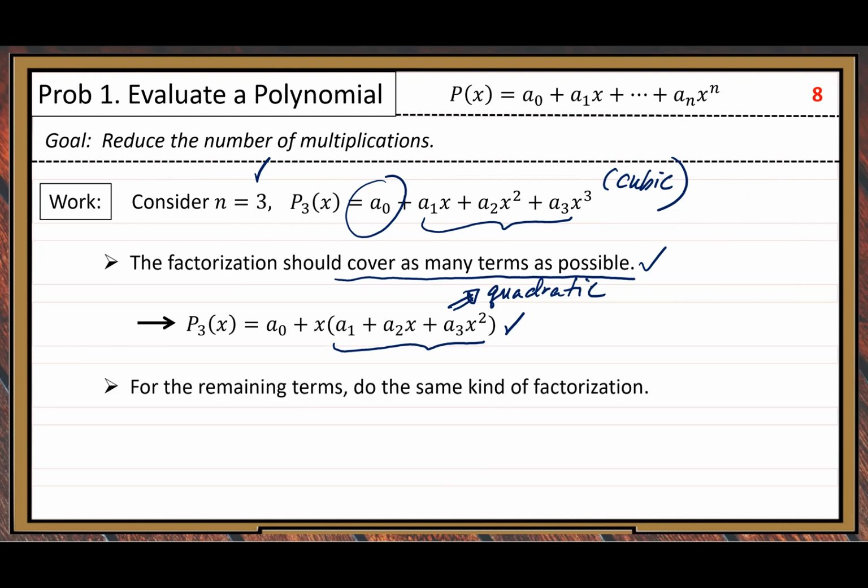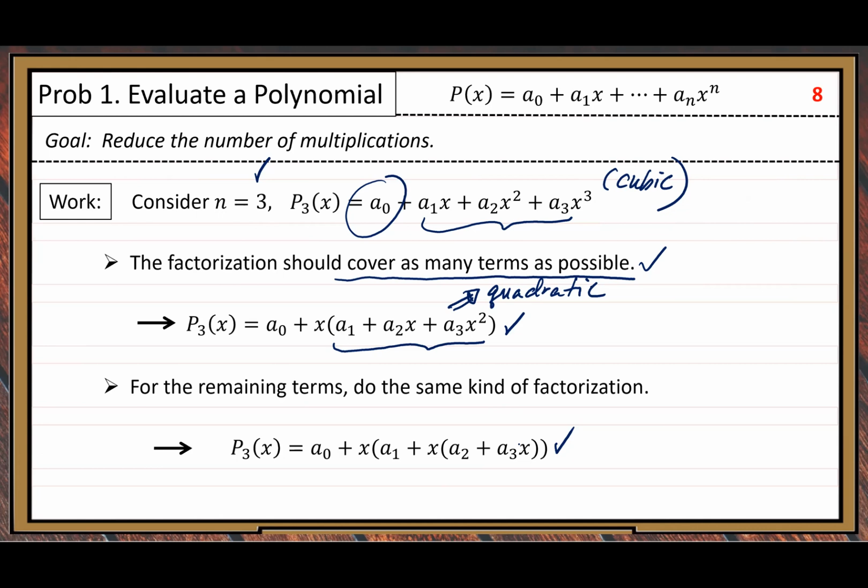So we do it another time. So you can see we do factorization twice. After that, we get a new form of this cubic polynomial evaluation order.